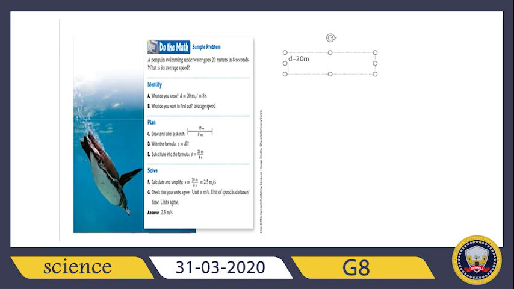What about the time? T is equal to 8 seconds. So these are our known values, and we need to find out the average speed. So we need to find out the value of S, speed.